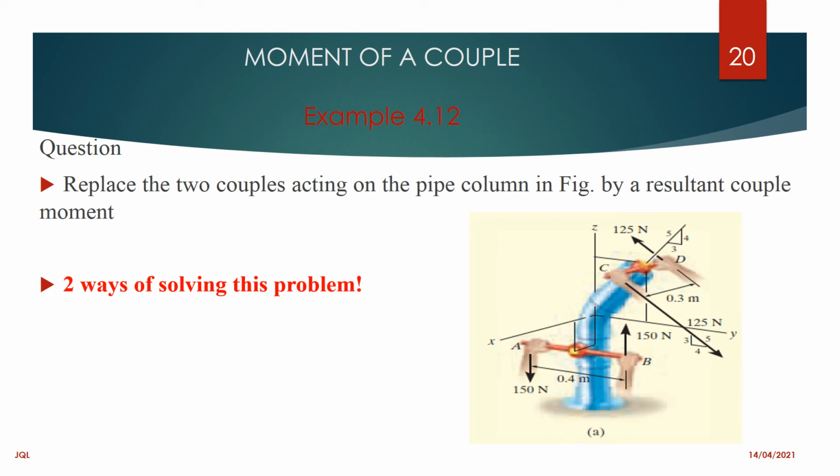Already we have a 150 couple, which is this one and this one, and we also have another 125, which is that one and that one. The distance between the first couple is 0.4 meters, and the distance between the 125 Newton couple is 0.3 meters.